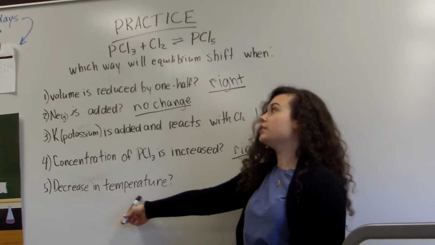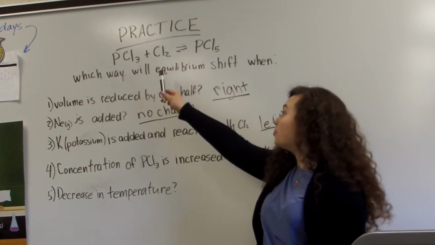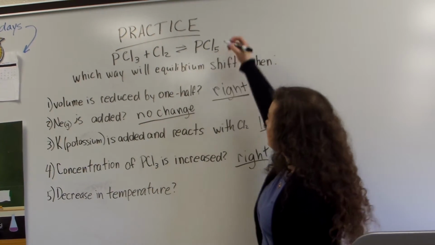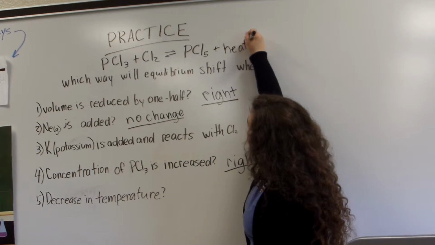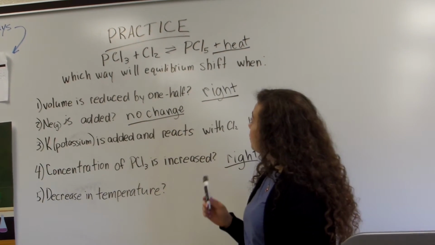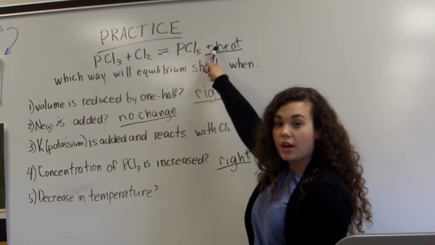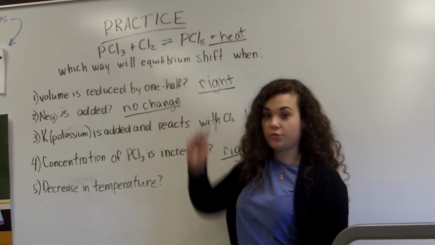And when there's a decrease in temperature, here you have to look at whether it's endothermic or exothermic. Because bonds are being formed rather than broken, energy is released. And that means that heat is a product. So if the temperature is decreased, it's the same as taking some of the products out, which means that the reaction will need to shift right to make more.